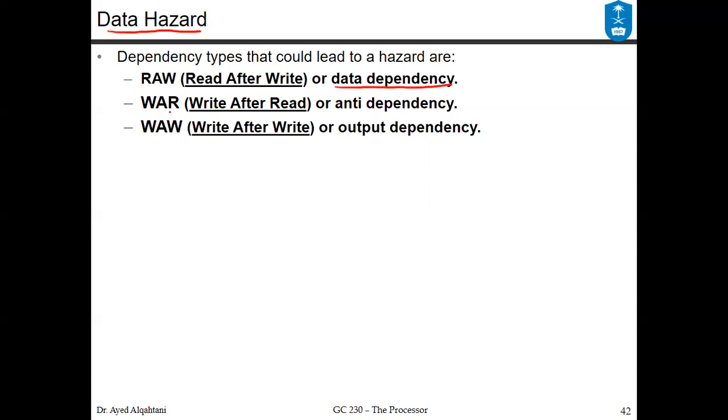We have WAR, which is write after read, and this is the anti-dependency. And we have WAW, which is write after write, and this is called an output dependency. So we will check all 3 of them, and we will see that this one, RAW, is actually the one that causes the hazard for us.